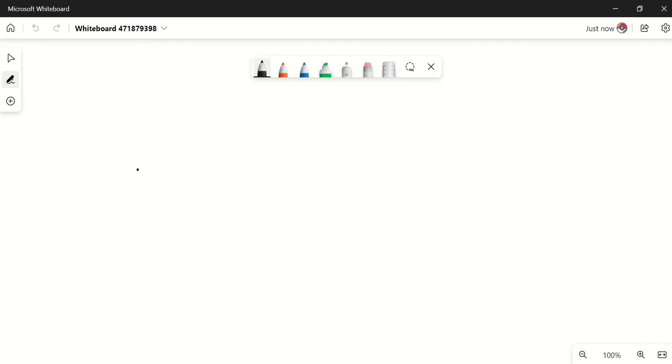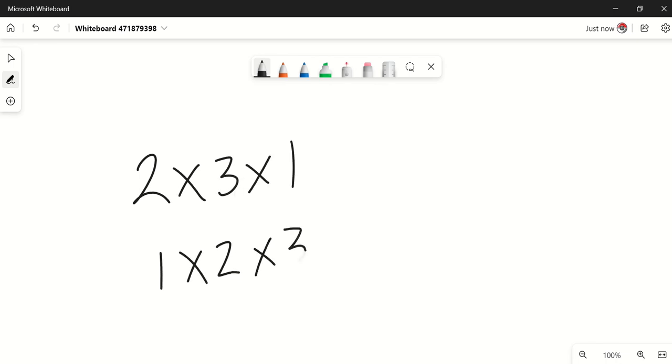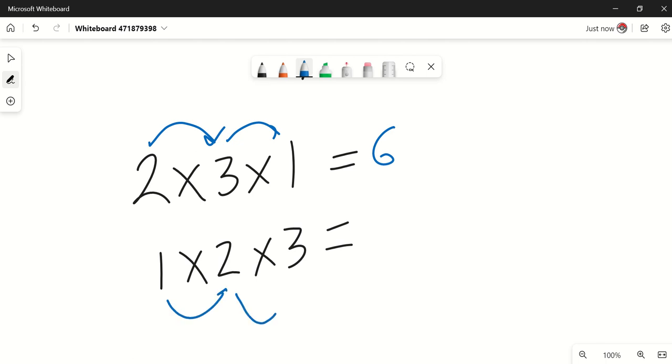So, for example, 2 times 3 times 1 versus 1 times 2 times 3. These will give us the exact same answer no matter what the order is. 2 times 3 is 6, times 1 is 6. 1 times 2 is 2, times 3 is 6.